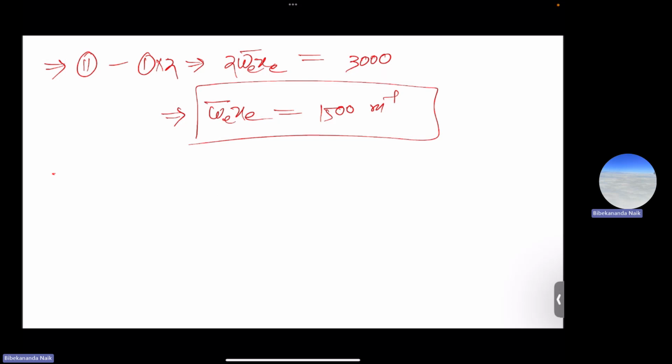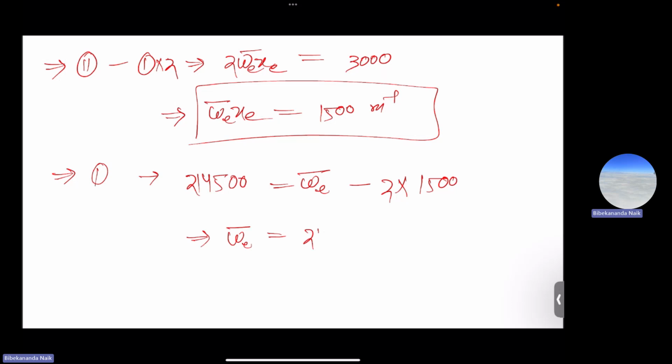And again, if you put these values in the first equation, that is equation 1, that will give us 2145 into 10 to the power 2 is equal to omega E bar minus 2 into 1500. So omega E bar equals 217,500 meter inverse.